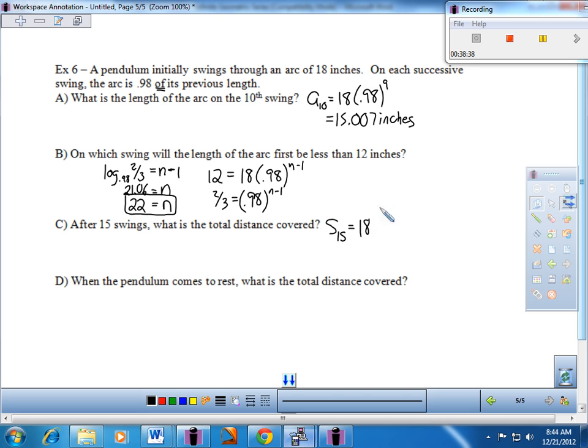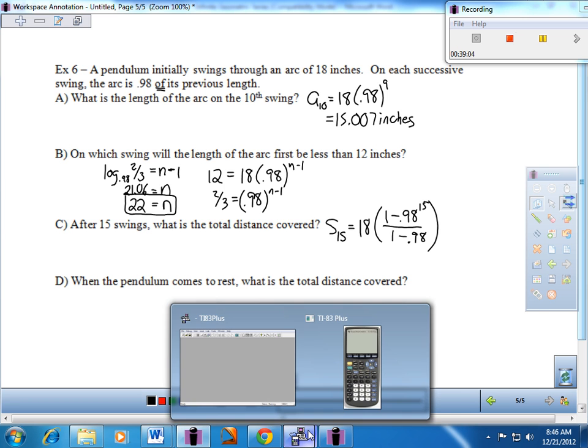I have 18, and then 1 minus 0.98 raised to the 15th over 1 minus 0.98. Again, total distance covered means adding up the first and the second and the third and the fourth and the fifth, adding them all together. It's a geometric pattern here, so finite geometric series.